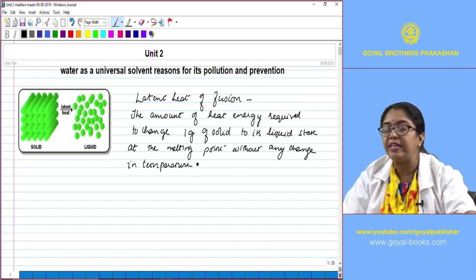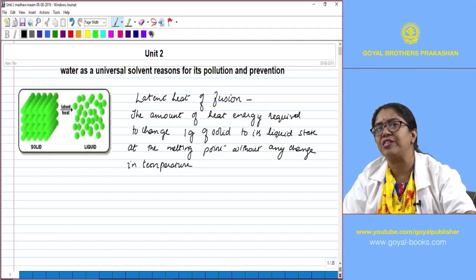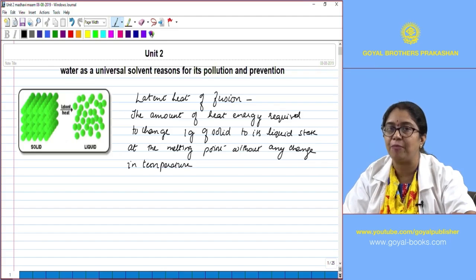So the latent heat of fusion of ice can be defined as the amount of energy required to convert 1 gram of ice to its liquid state at its melting point without change in temperature.